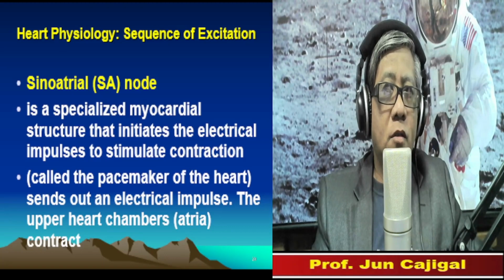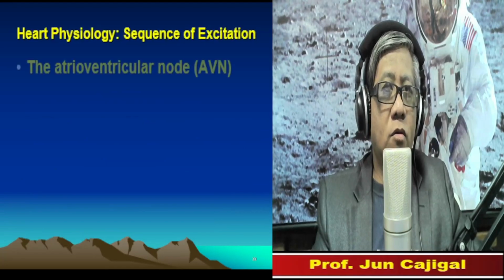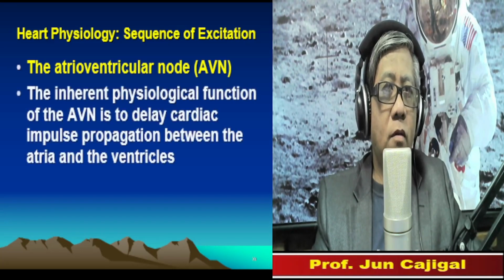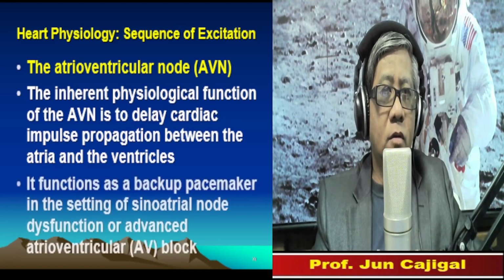Now, there is another structure in the heart that is essential in the stimulation of the cardiac muscle to contract, and that is the so-called atrioventricular node, or AV node, or AVN. The inherent physiological function of the atrioventricular node is to delay the cardiac impulse propagation between the atria and the ventricles.